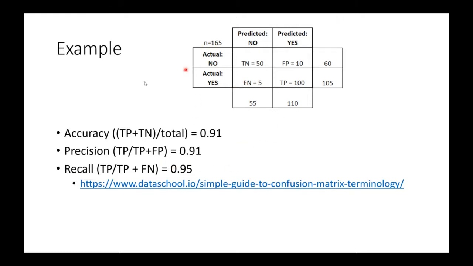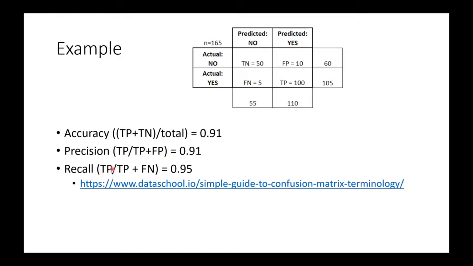Okay, and based on this classifier, you can get the accuracy. Just a numerical example. It's basically a division, right? You get the number of true positives plus true negatives divided by the total number of cases. Precision is the true positives divided by the true positives plus the false positives.